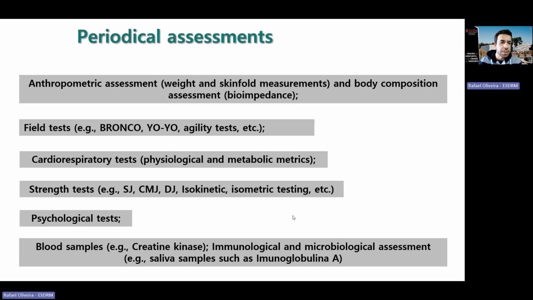These periodical assessments should be conducted and can include many of these areas, for instance, anthropometric and body composition variables, some specific field tests, cardiorespiratory tests, strength tests, psychological tests, and also some blood samples or immunological or microbiological assessments.